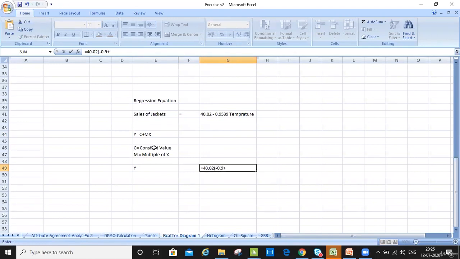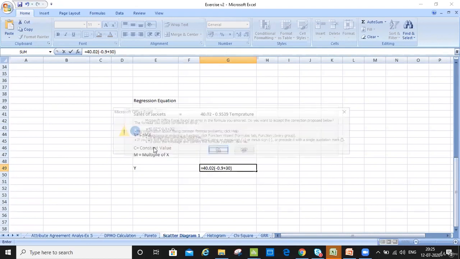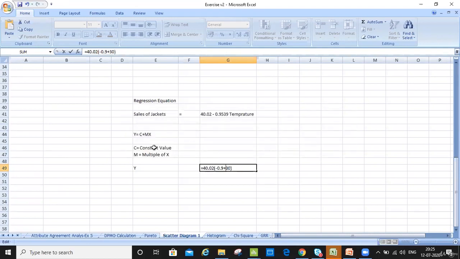Now I have to give a certain number here. So let's say if tomorrow the temperature increases to 30. Vimal, you'll have to remove the bracket start, because after the minus, you can put the bracket start. Thank you.